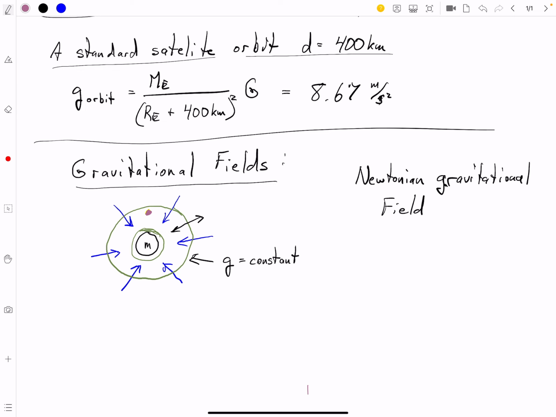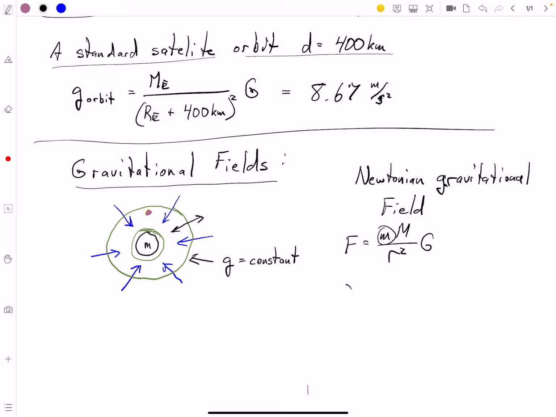That means that the field that is pulling that object in has nothing to do with the mass. So the force that normally has m, big M, over r squared times G, this mass is sort of like a test mass. So what are we doing? We're placing that test mass into a field.